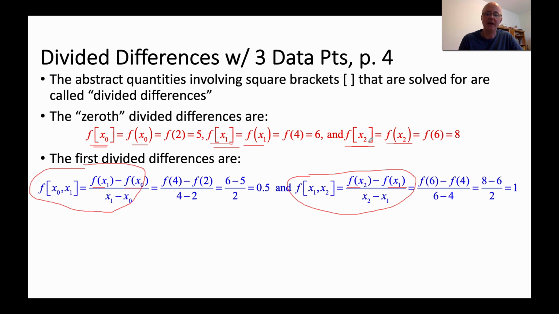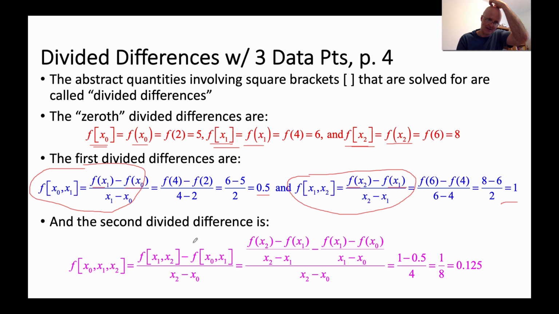So these are the function values. These are the first divided differences, 0.5 and 1. Notice the 0.5 is the same as the A1. That was 1/2. What about this 1? Well, that didn't appear as A0, A1, or A2, but that 1 is necessary for finding the second divided difference, which will give us A2. This notation is for a second divided difference. It's a divided difference of the first divided differences, which we can write like this.